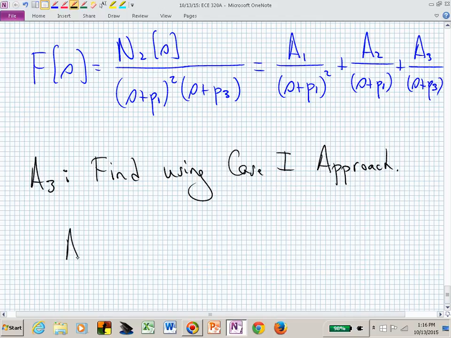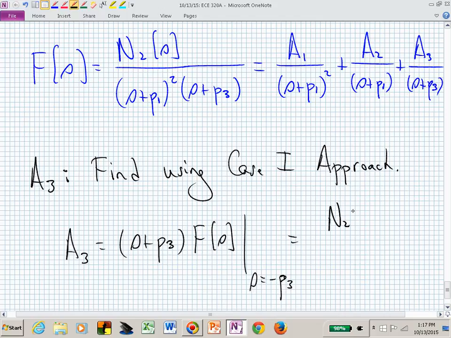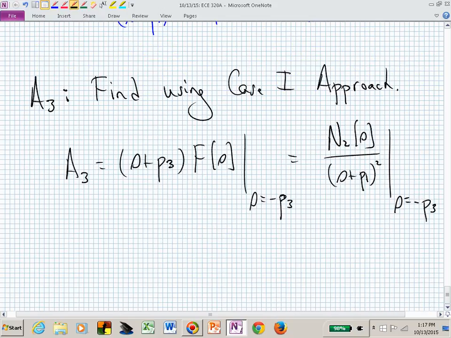So now a sub 3 is equal to s plus p sub 3 times F of s, evaluated at s equal to minus p sub 3, or that's n sub 2 of s over s plus p1 squared, evaluated at s equal to minus p sub 3.